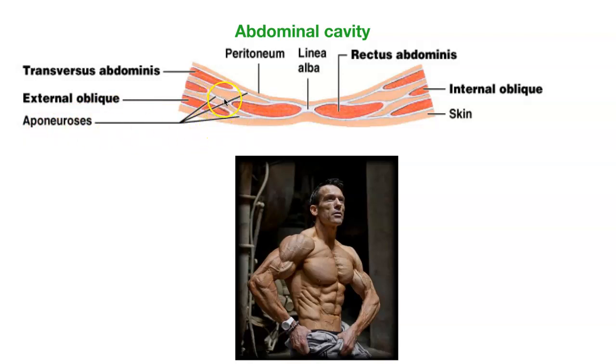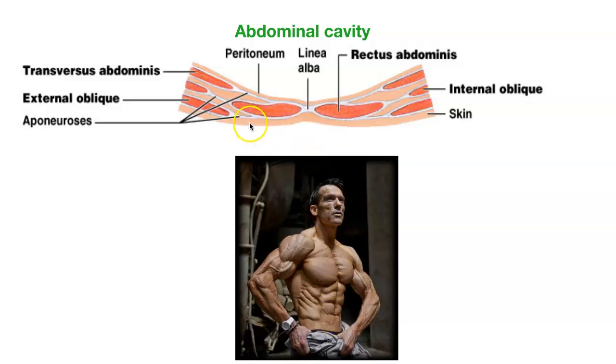So all these aponeurosi are going to come together and form this aponeurosis. And in the middle where they're joining, they're going to form something called the linea alba, the white line. And you can kind of see his linea alba right down here. That is just the aponeurosis, the tendon right there.